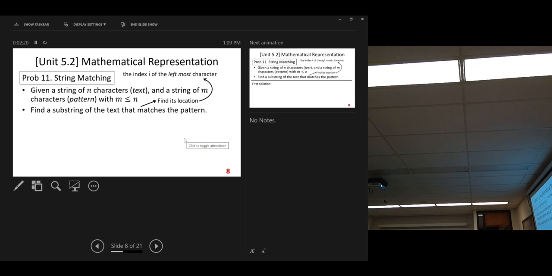Are we assuming there are no duplicates of the match? Like, just the first one? Multiple. Even with duplicates, you need to match the pattern exactly. Do you have duplicate characters in your pattern? No, I'm saying if the pattern matches multiple places. Oh, multiple.